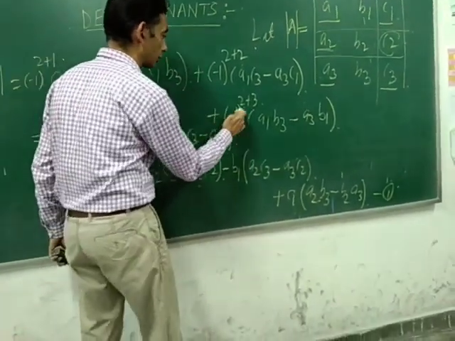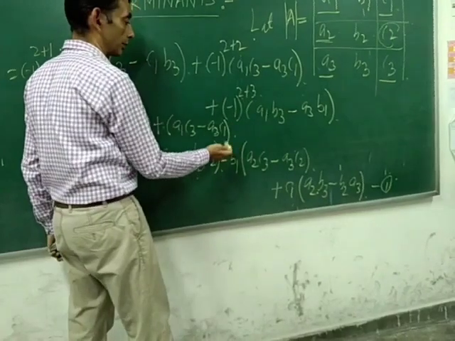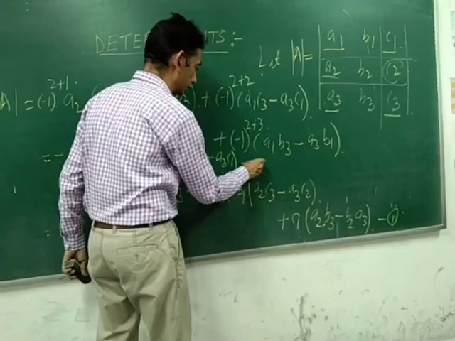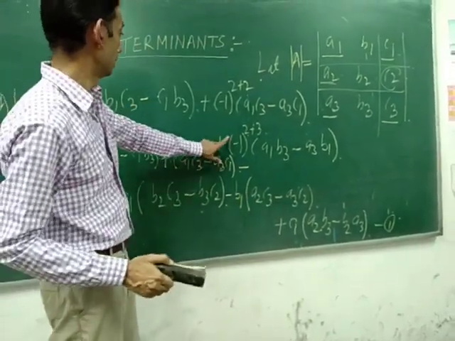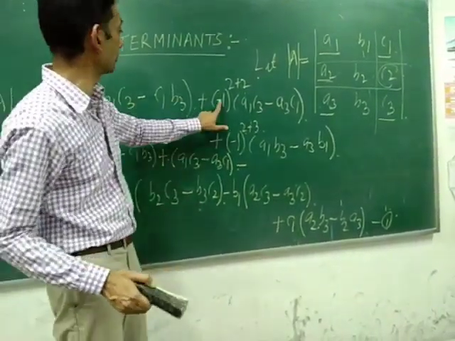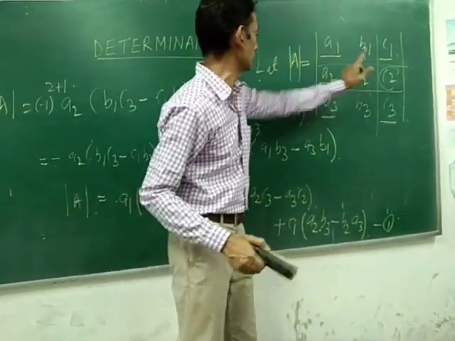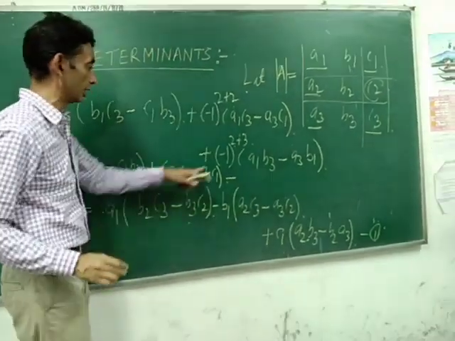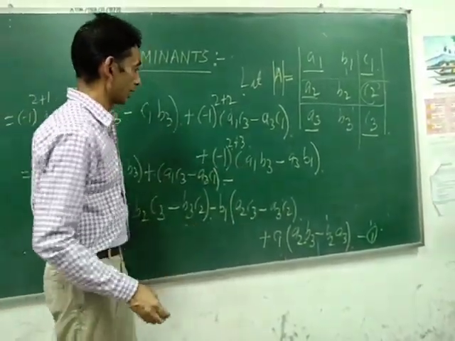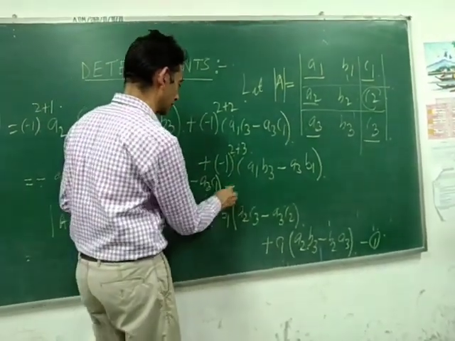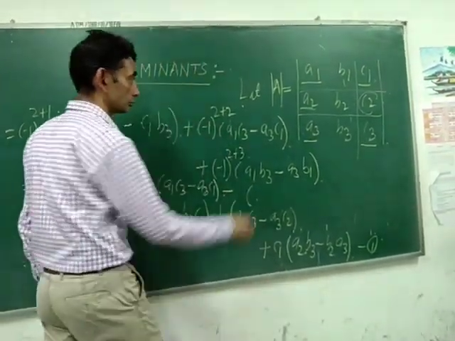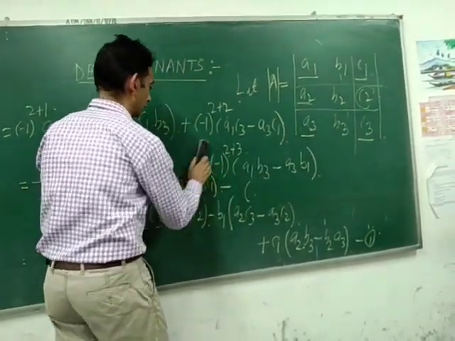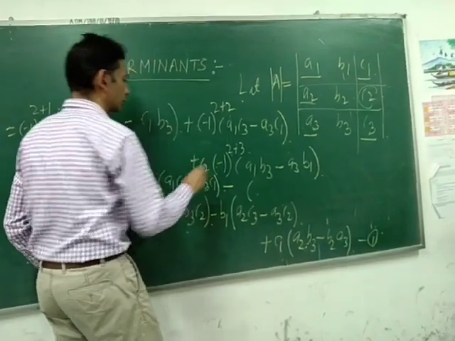Then the last, minus 1 to the power 2 plus 3 is always minus, because minus 1 to the power odd number is always minus. Here the first element is A2, and here minus 1 to the power 2 plus 2, here B2 is missed out. Minus 1 to the power 2 plus 3 is minus. This element is C2, so C2 is missed out here.